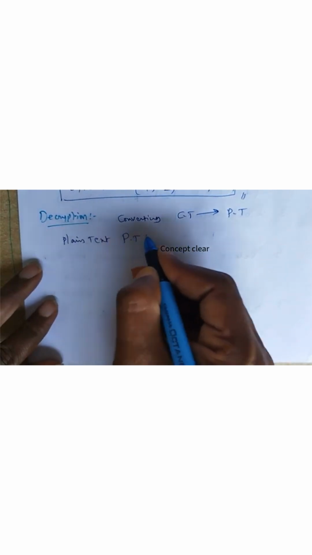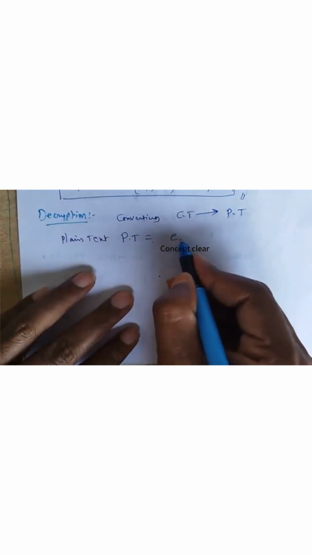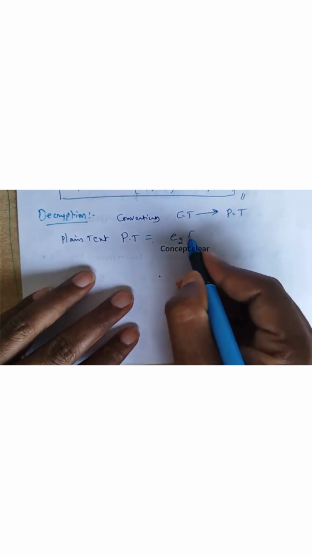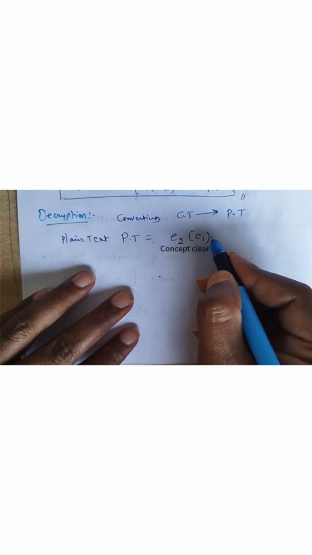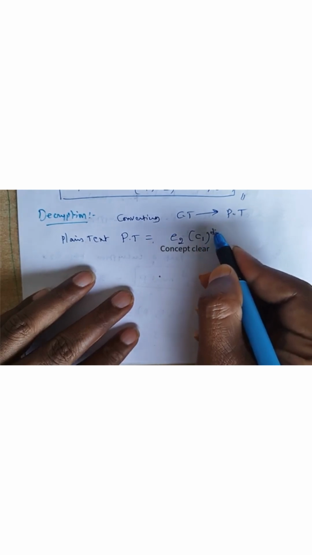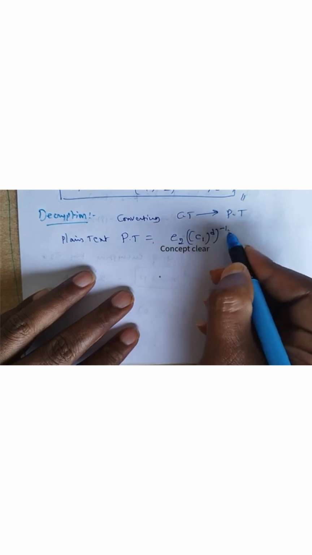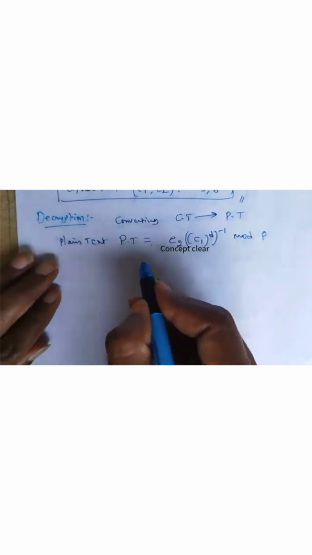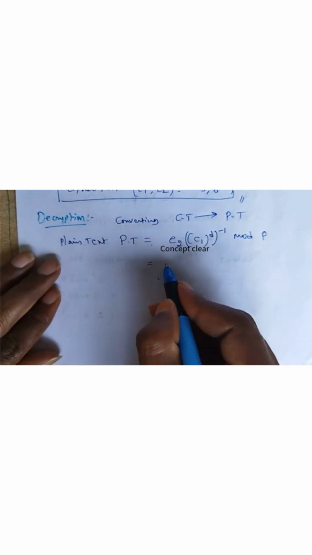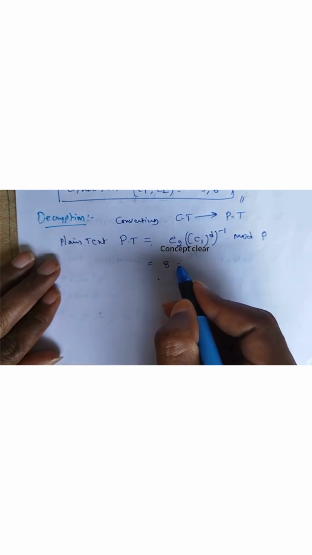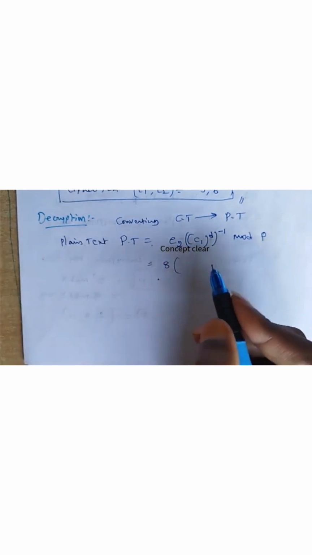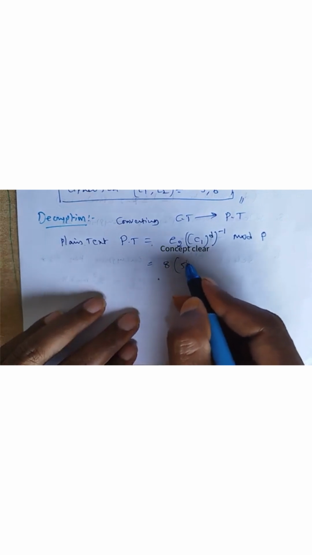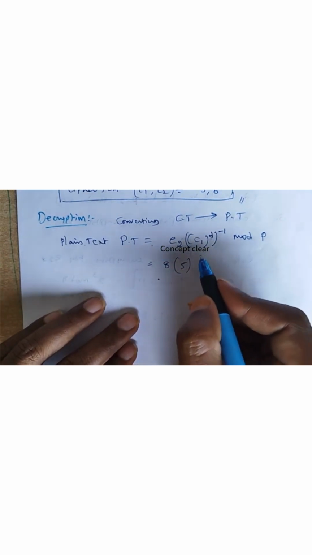So plain text equals E2 into C1 power D, whole inverse mod P. This is the formula for converting ciphertext into plain text. Here, the E2 value is 8 and into the C1 value, 5 power D value.